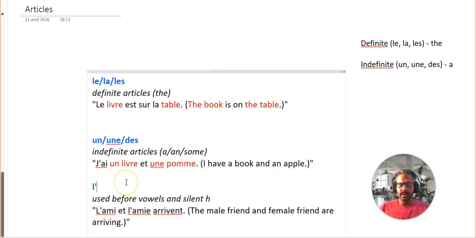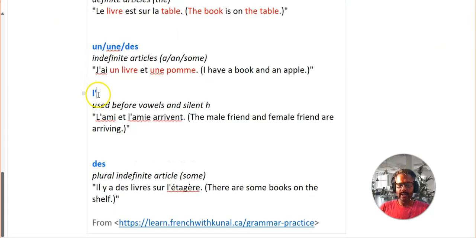Now, when do we tend to use L apostrophe? We use L apostrophe when the noun starts with a vowel or silent H. In this case, l'ami is starting with a vowel. So before that we cannot use le or la.